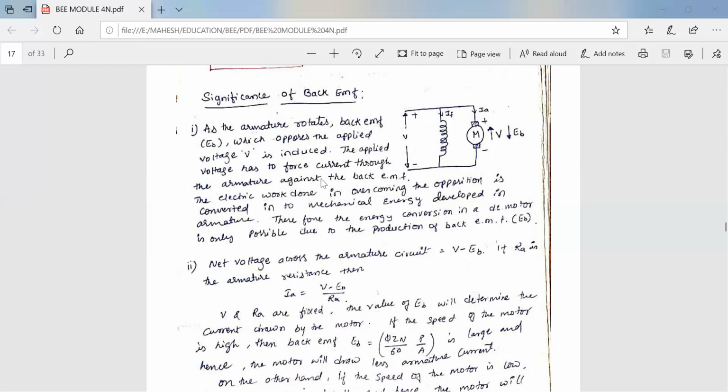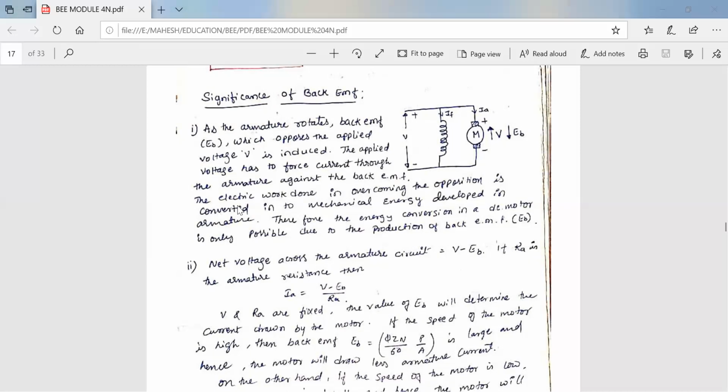Here you can see that whatever back EMF is generated, it is going to oppose the applied voltage. So the applied voltage has to force the current through the armature against the back EMF. Here some amount of work has to be done in order to supply the current. That work we call the electrical work done, and it is also called the mechanical energy developed in the armature.